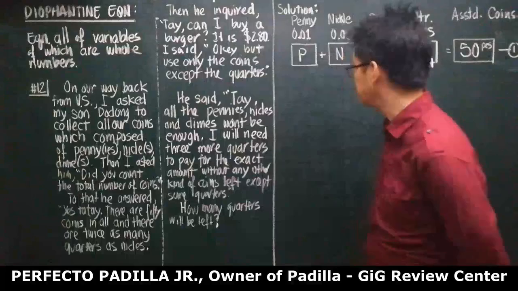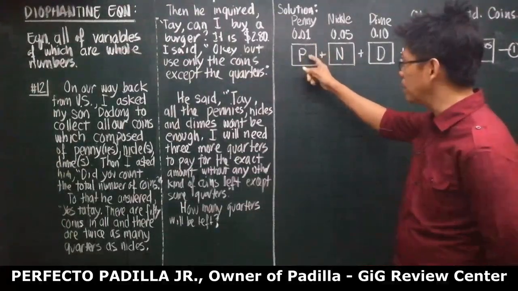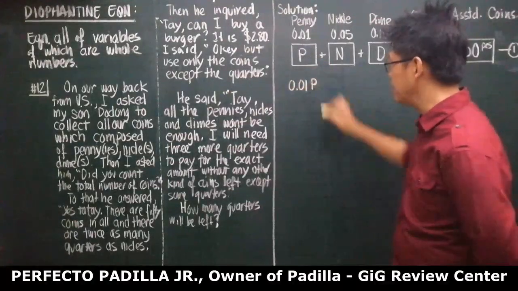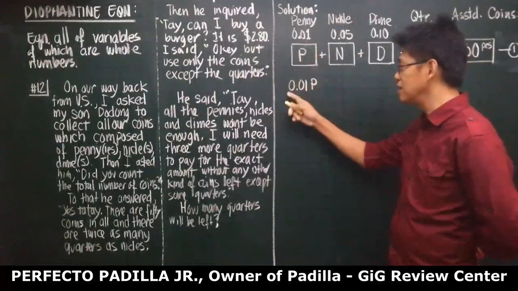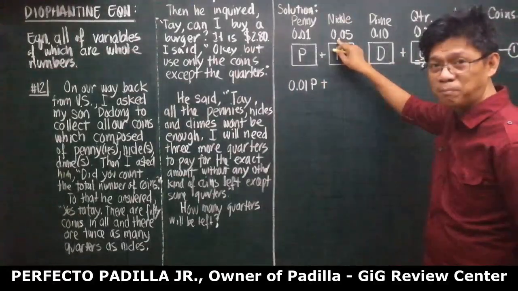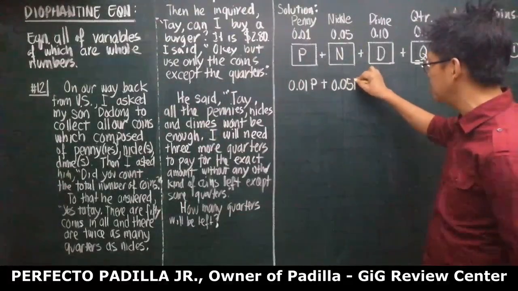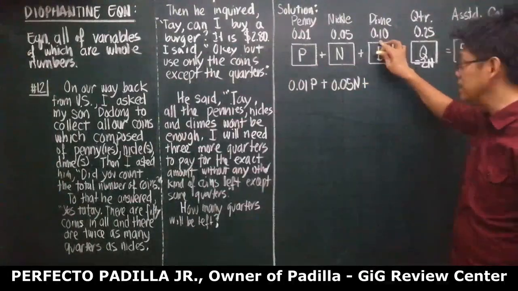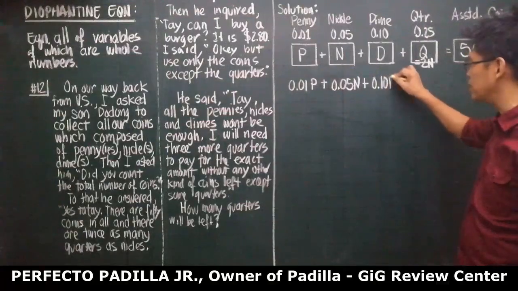This would be the equation. If he will use all of this, this will amount to 0.01 of P, right? P pieces times 0.01 each, this is the amount. Plus 0.05 per piece times n pieces, the value is 0.05n. Plus 0.10 per piece times d pieces, the total amount is 0.10d.